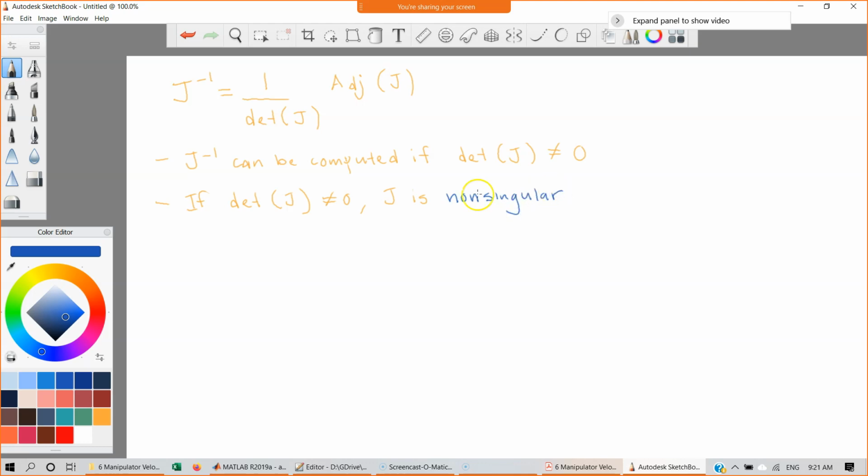So in mathematics, we call J a non-singular matrix if the determinant is non-zero.